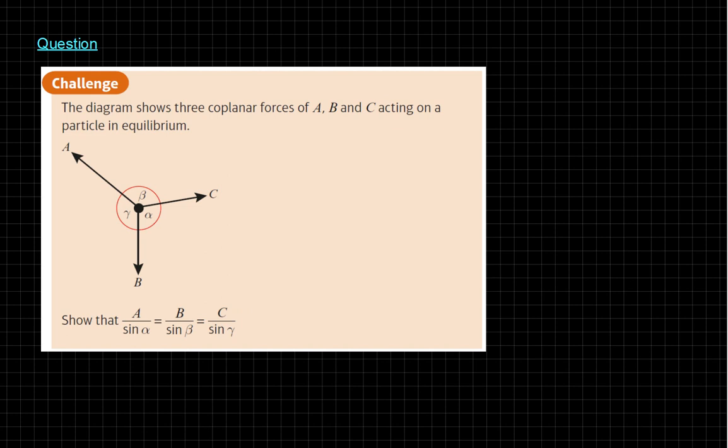And of course, you can already spot this is in fact the sine rule. You're allowed to assume the sine rule. But can you in detail show how do I get from this to this? I'd suggest drawing the force triangle, which is effectively the proof for this one. Okay, you can give that a go. Pause the video now.